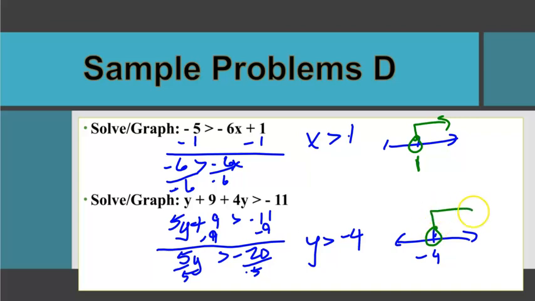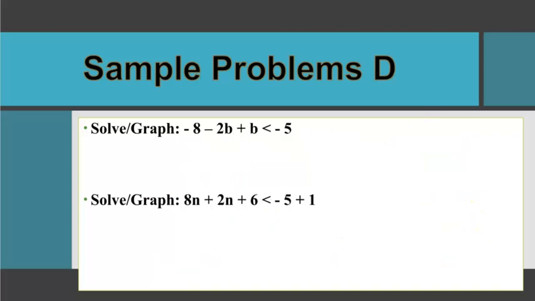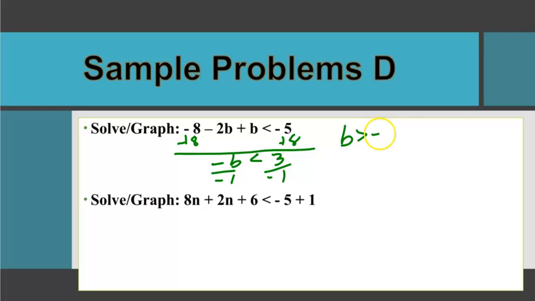Greater than means going to the right. And our last few. Here we're going to add 8 to both sides. And we got negative b is less than 3. Divide by negative 1 on both sides. B is going to be greater than negative 3. Number line, we got negative 3 here. Open circle at negative 3, greater than means going to the right.